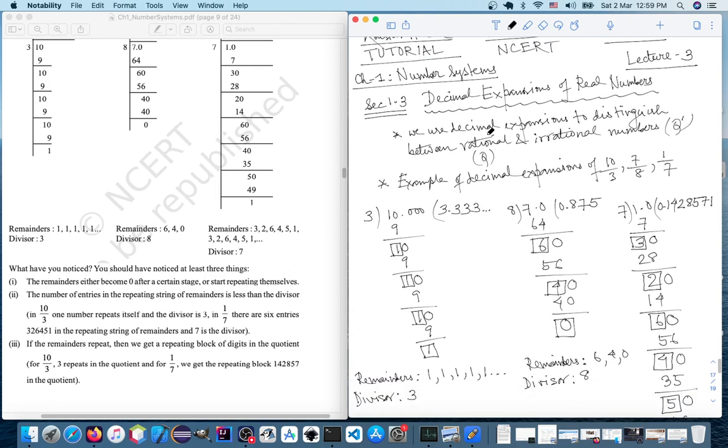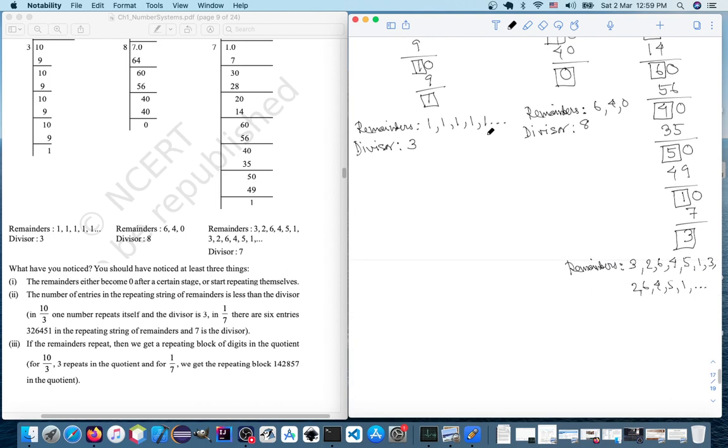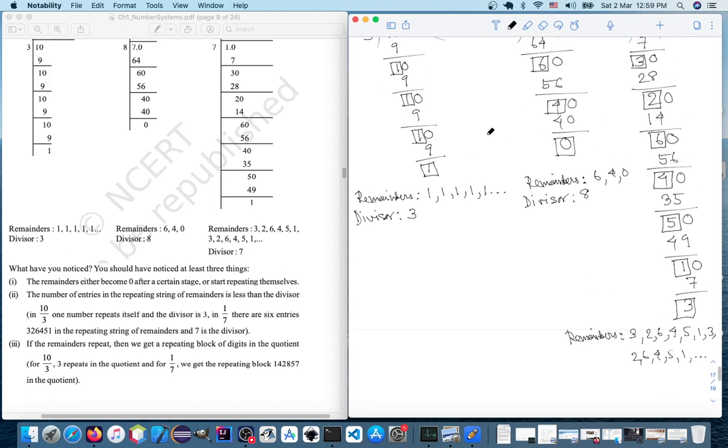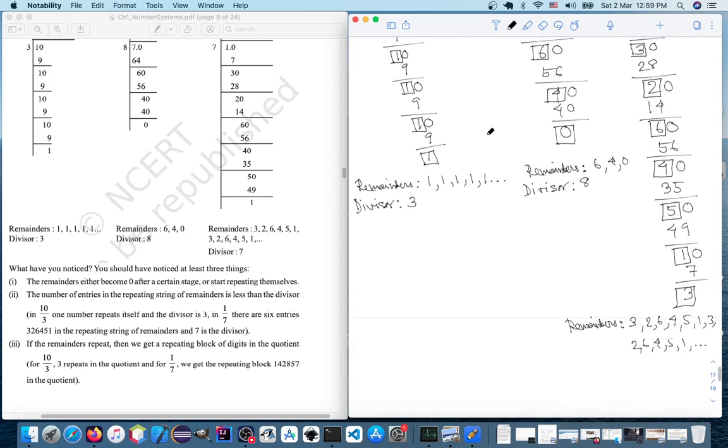So three things we noticed: the remainder is either becoming 0 after a finite number of steps of doing the long division method. In this case, when we divide 7 by 8, the remainder is becoming 0 after a finite step, or the long division method is never ending.